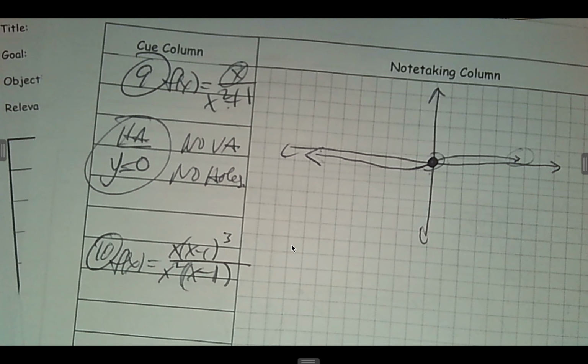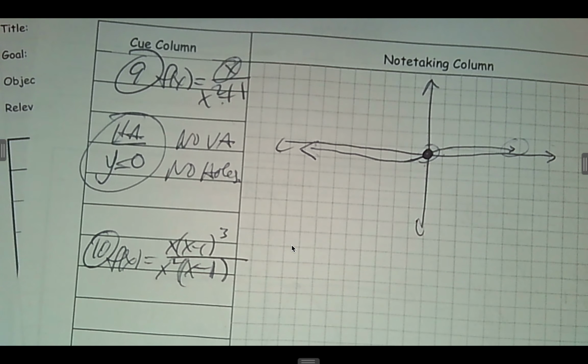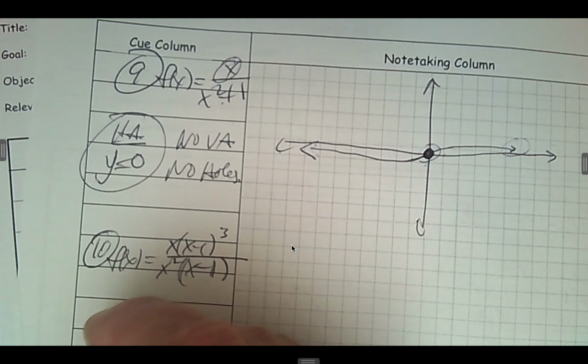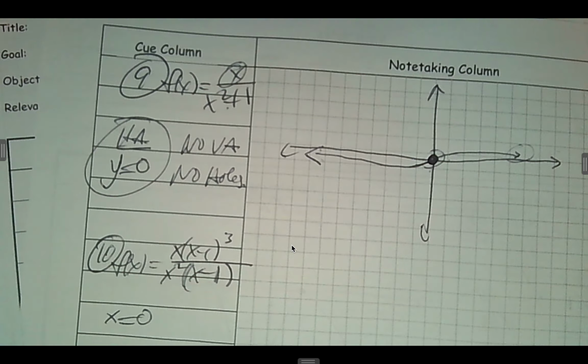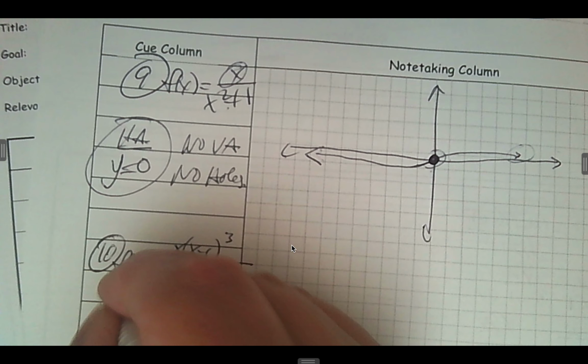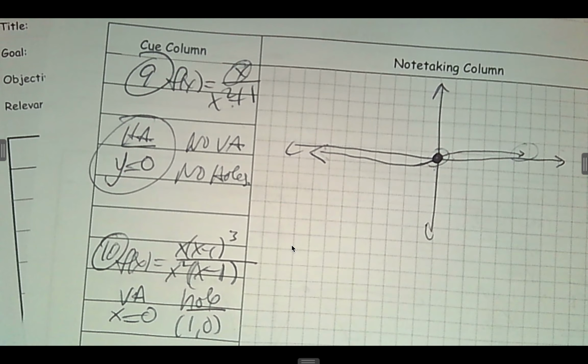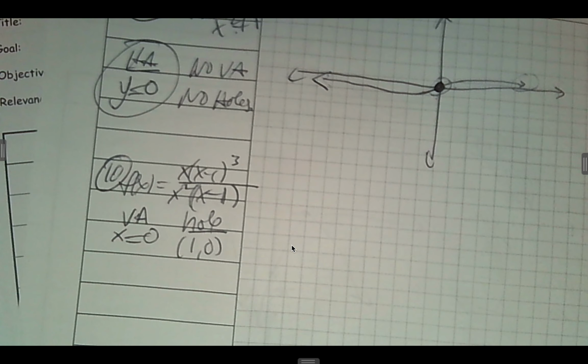So what did we already find in problem 2? Going back to problem 2, we found that there was a vertical asymptote at x equals 0, and that there was a hole at (1, 0). I'm just going back to question number 2, because it's the same question. We're just going to graph it now.